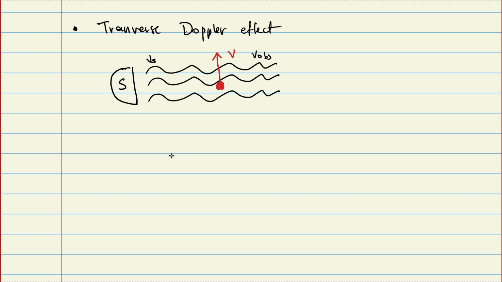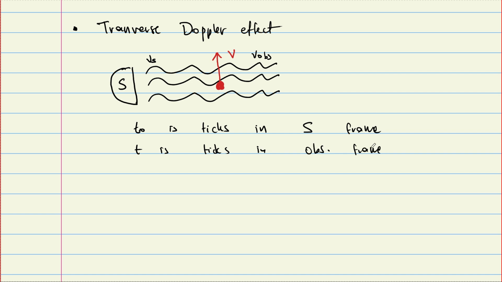Let me try to write there with their notation. So T naught is ticks in S source frame, and T is ticks in observer frame.